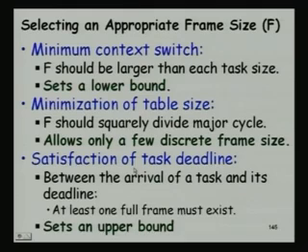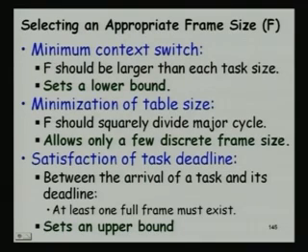The other constraint that needs to be satisfied concerns satisfaction of task deadline. When a task arrives, it has a certain deadline, and the task must complete by that deadline. The constraint is that at least one full frame must exist between the task's arrival and its deadline, because our constraint is that the task has to start exactly at the frame boundary.